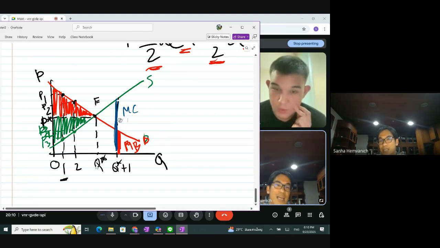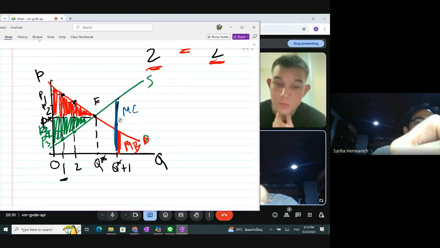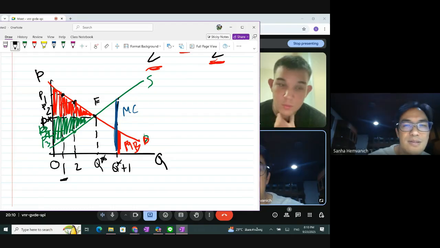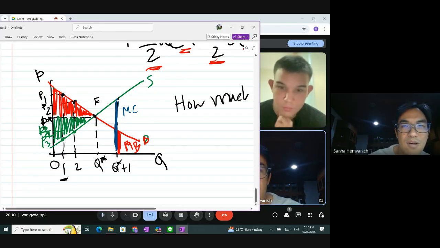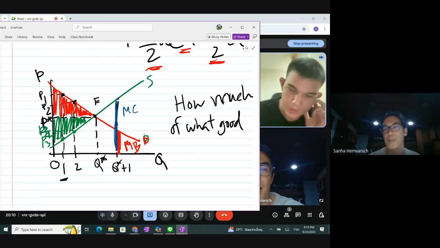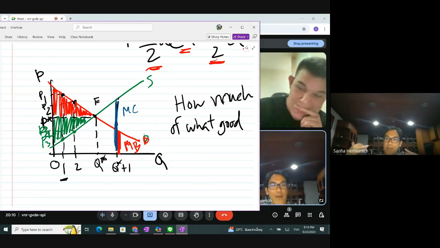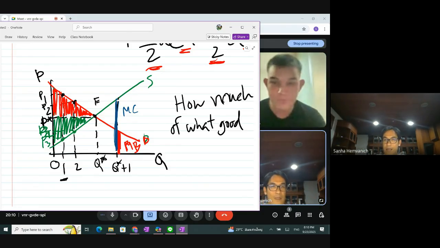That is how we try to answer how much of what good to produce. And we claim that this is social efficiency, because it's a point where the welfare is greatest.